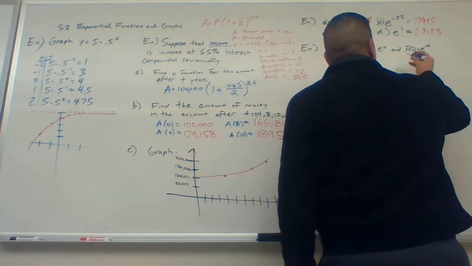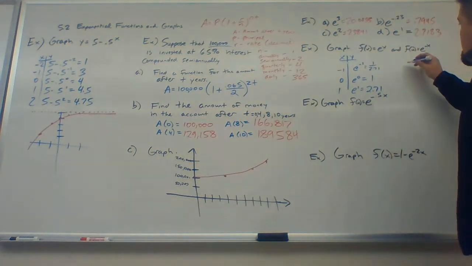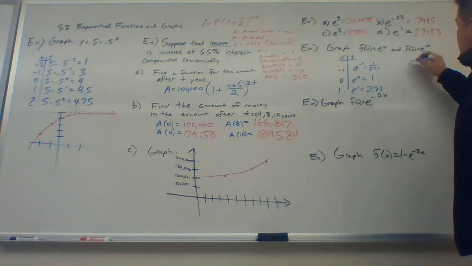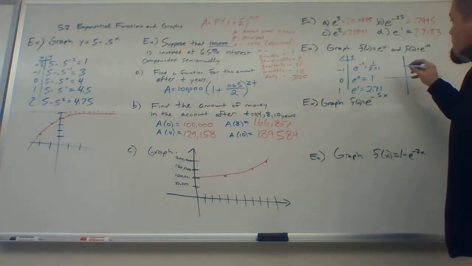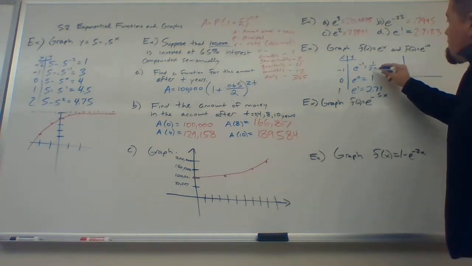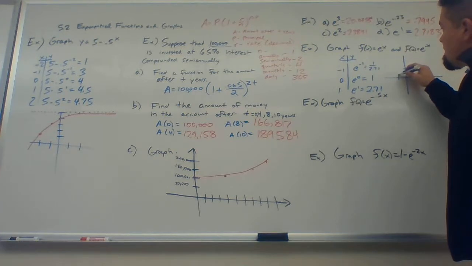So let me graph this one first. Negative 1 will be fairly close to 0, well, a little closer to half.